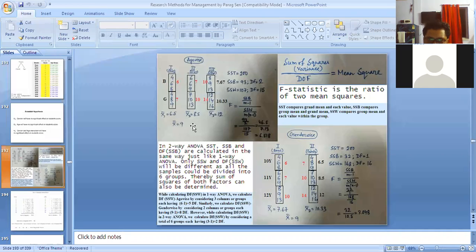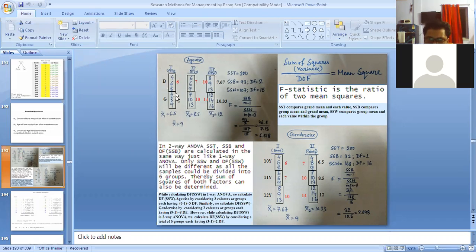Then plus 9 minus 8.5 whole square, 6 times. Then again 6 times you will consider 9 minus 12 whole square, because you are considering the sum of square between the groups.